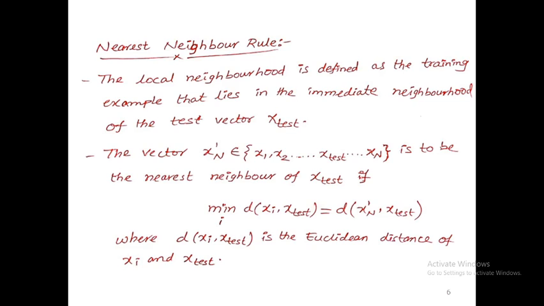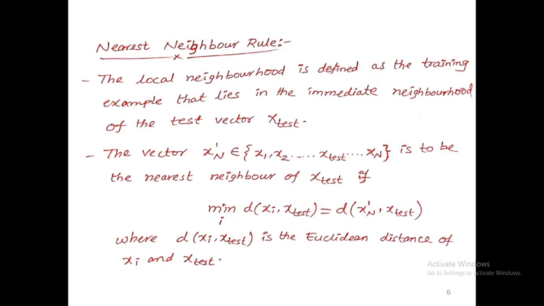If it is in the x test neighborhood, you can identify which classifier that x test belongs to. That will be identified by using the distance. The distance will be found out by using the second line, where the vector xn dash belongs to x1, x2 and so on, x test and so on, xn.